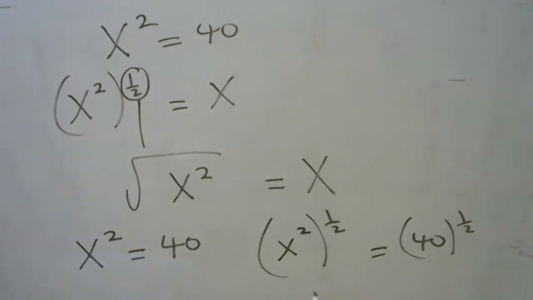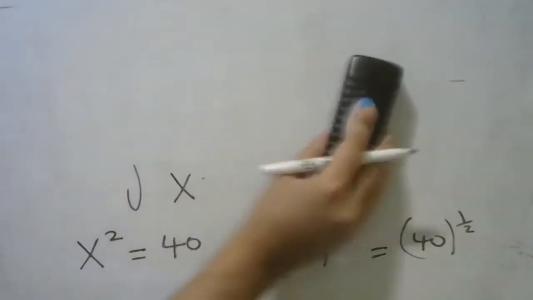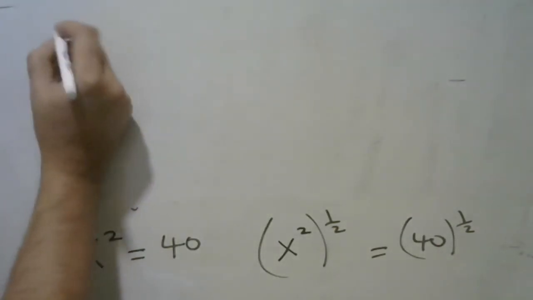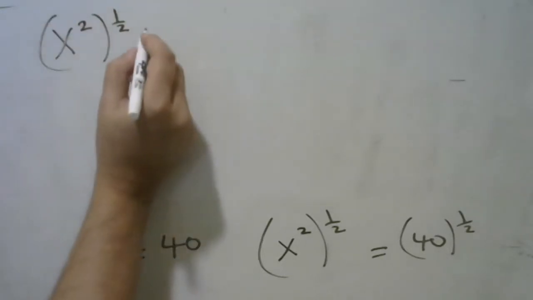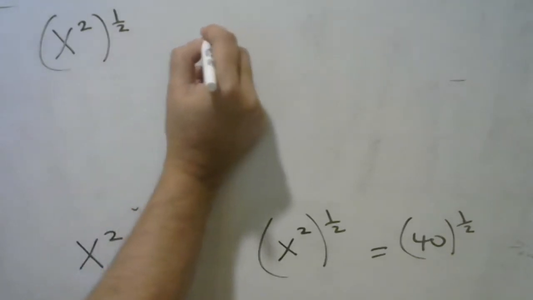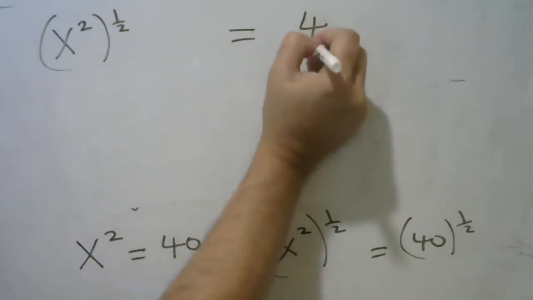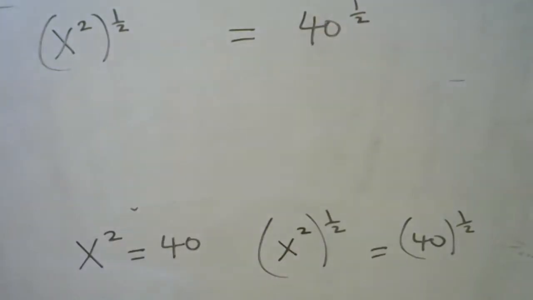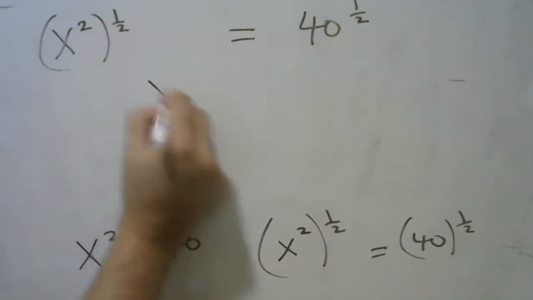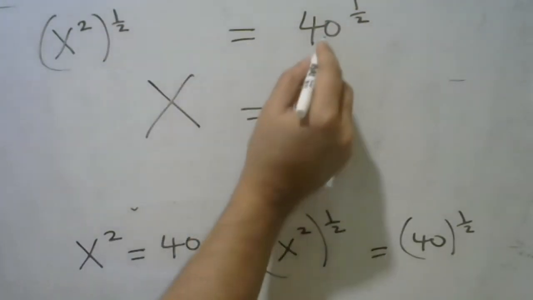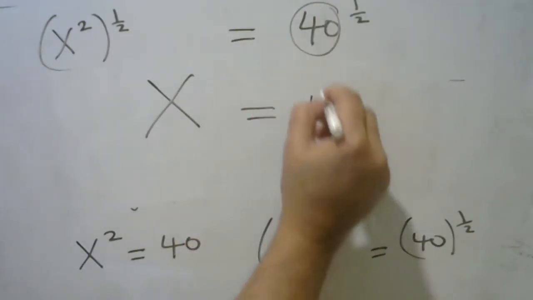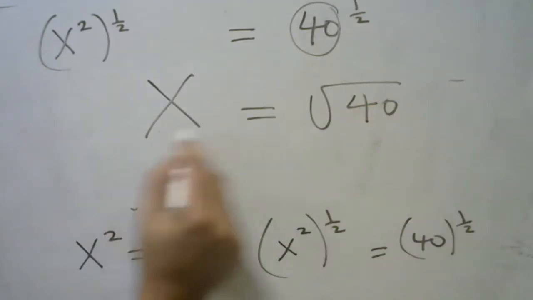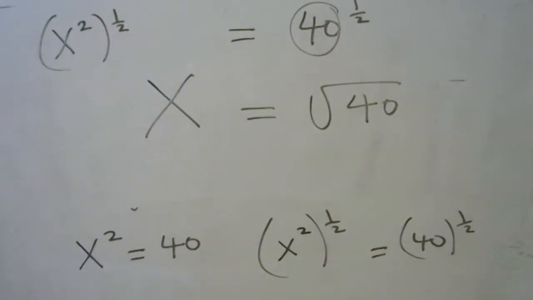Now, we know that x squared to the half, right, is equal to 40 to the half. But this here is equal to x. So x, and anything to the half power is a root of that. So it's like saying this x is equal to the square root of 40.